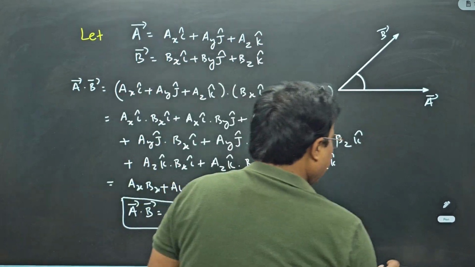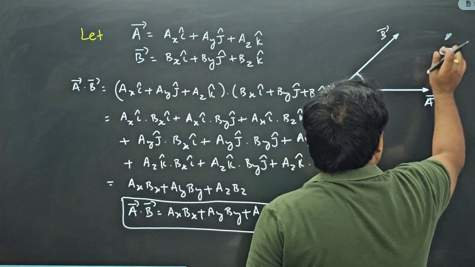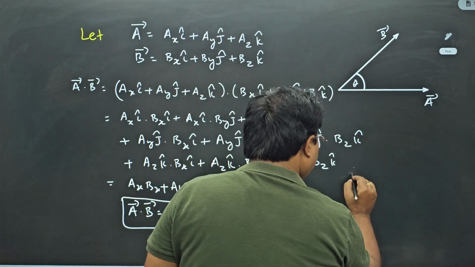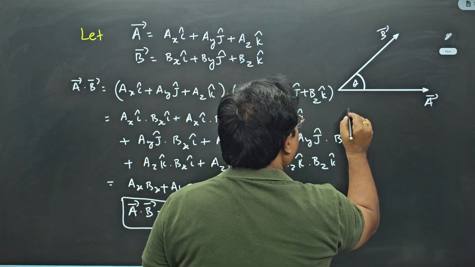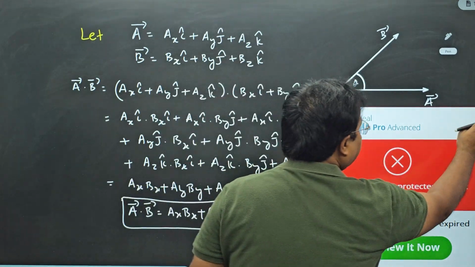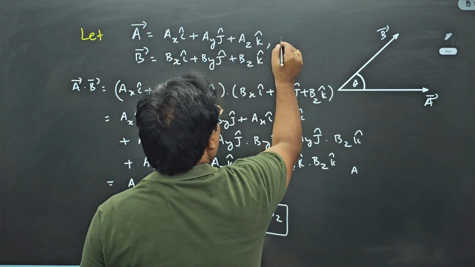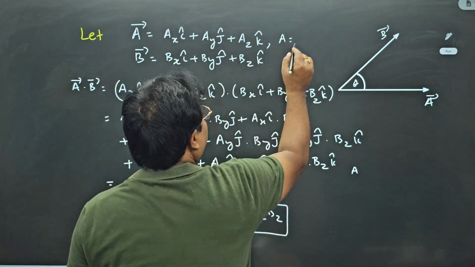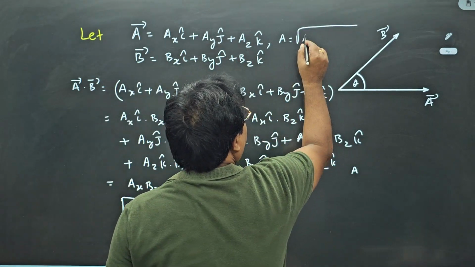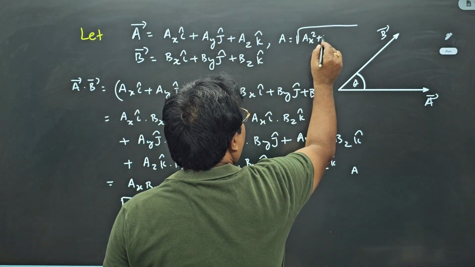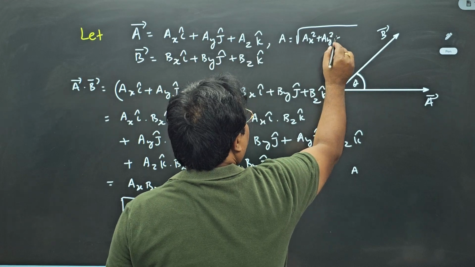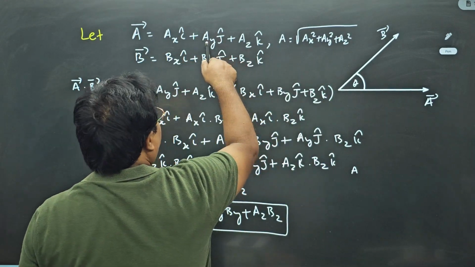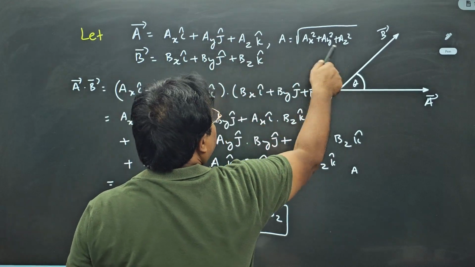Okay, my dear students, if we are required to find angle theta, you see here a dot b. What is the magnitude of a vector? As I had already explained in my first class on vector, magnitude of a vector is equal to root over of ax square plus ay square plus az square, component of i square plus component of j square plus component of k square, root over.